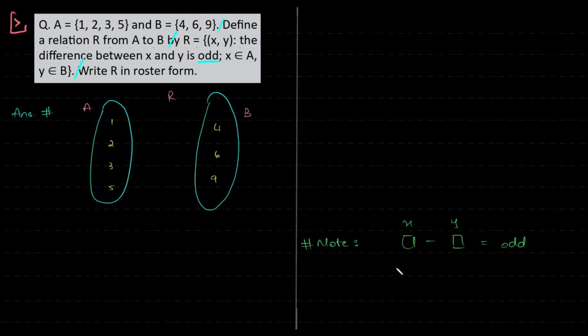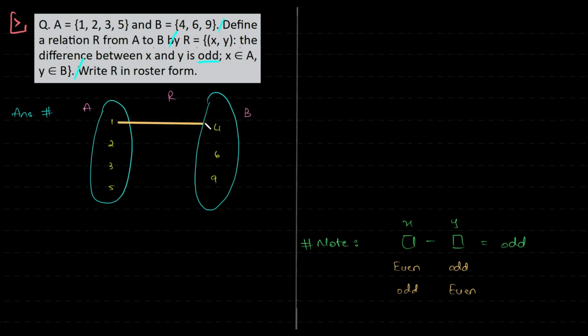Whenever an odd number is subtracted from an even number, I'll get odd. Whenever an even number is subtracted from an odd number, again I'll get odd. With this general idea in mind, we can jump on to the diagram.